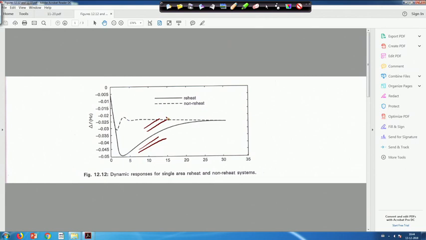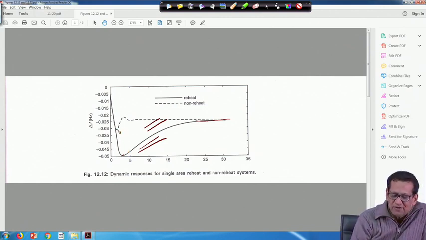The frequency deviation is given for some parameters, reheat and non reheat. The steady state value is the same, but for the reheat case the peak deviation is more as compared to the non reheat one.